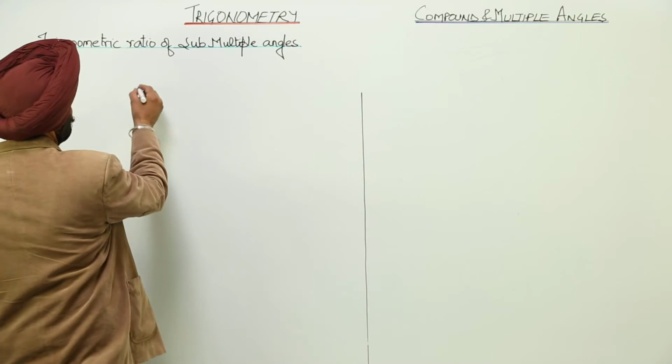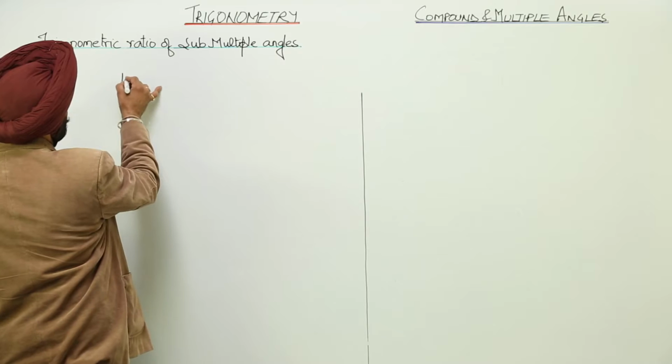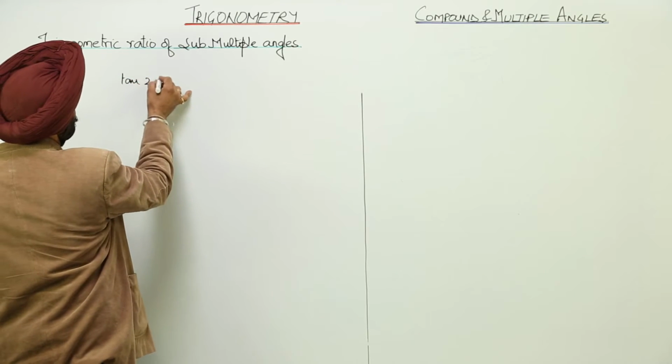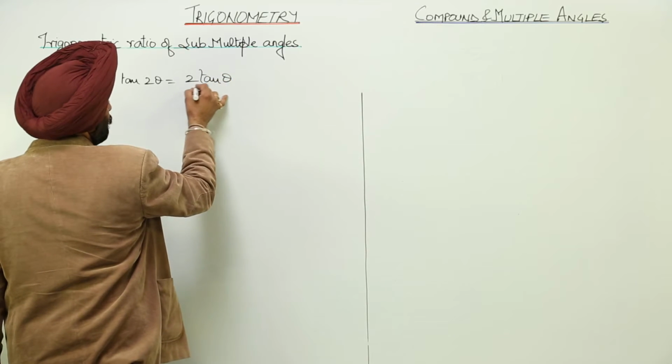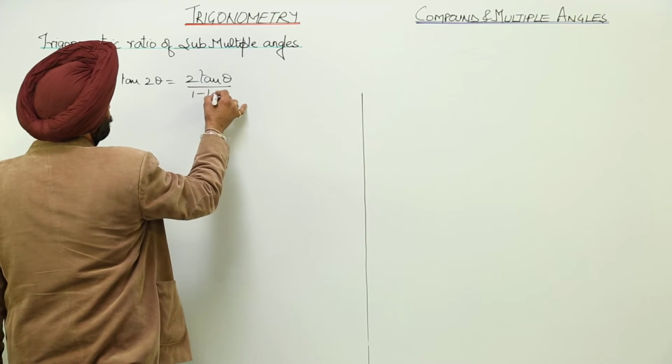Third is for tan 2 theta. Now we have gone through tan 2 theta is 2 tan theta upon 1 minus tan square theta.